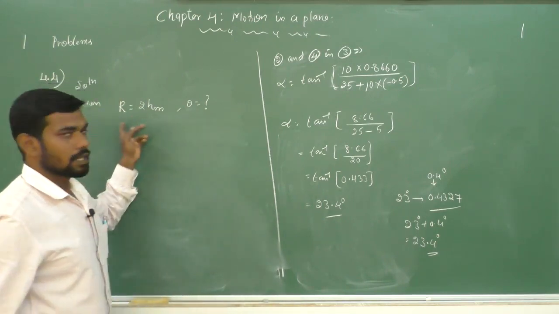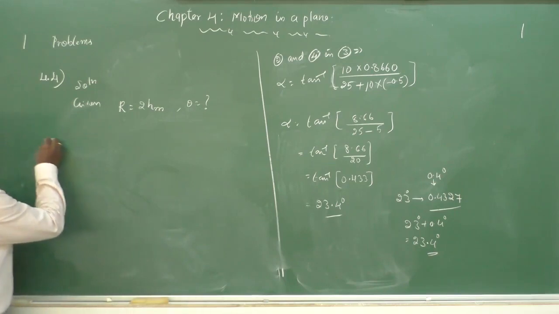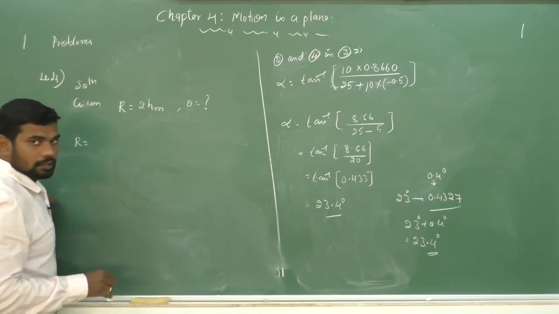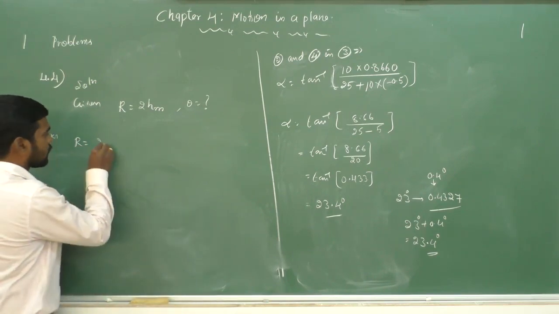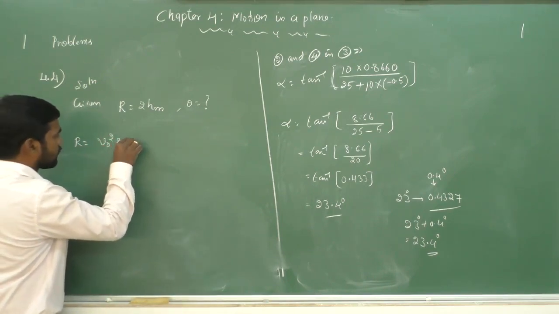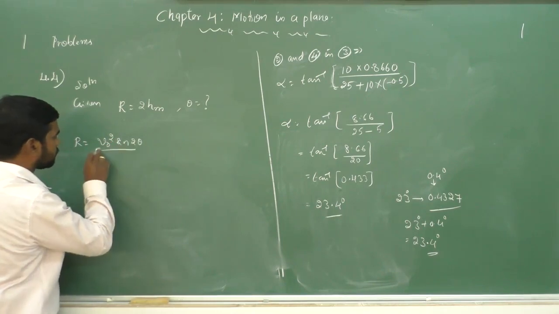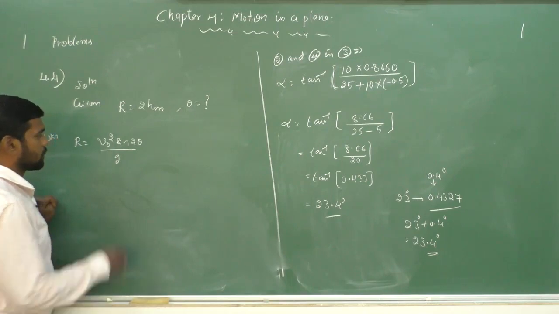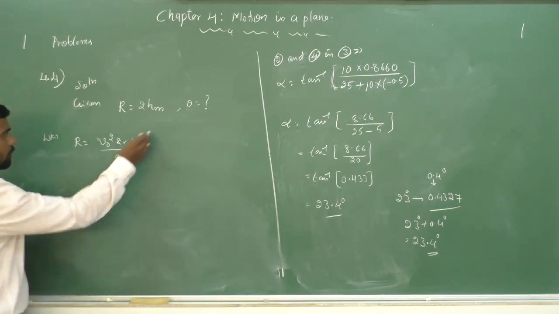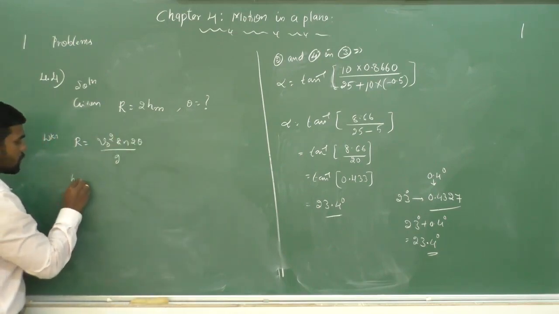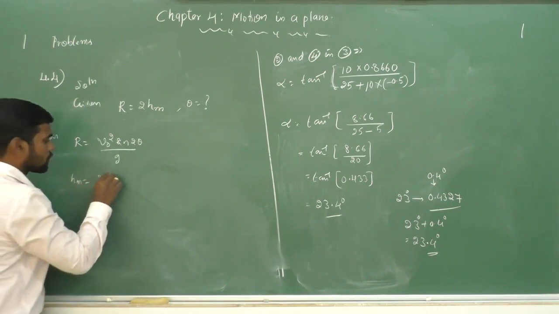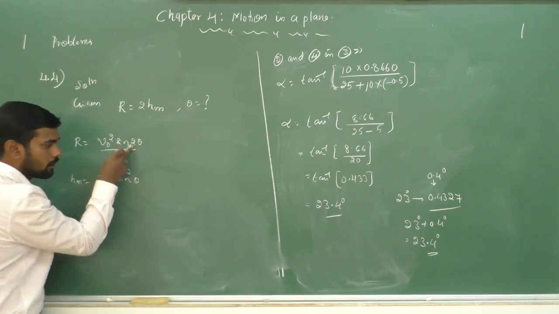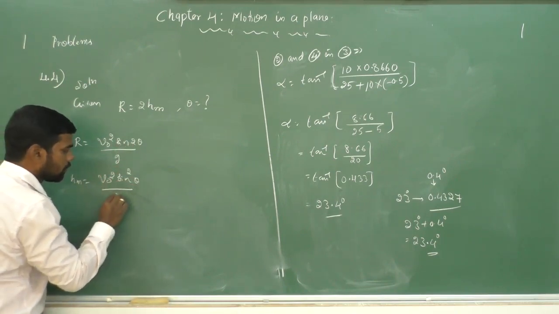Definitely these two equations we have to use here. The R equation is v naught square sine 2 theta divided by g. The Hm value is v naught square sine square theta divided by 2g.